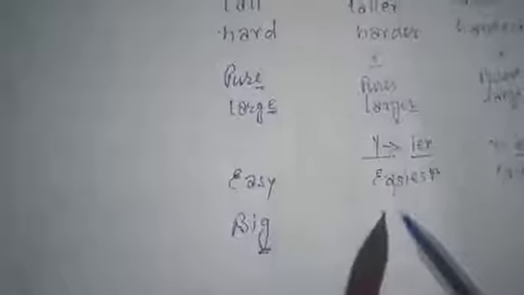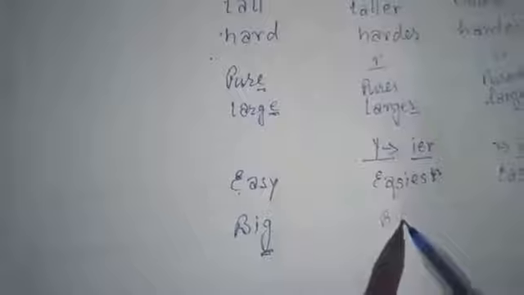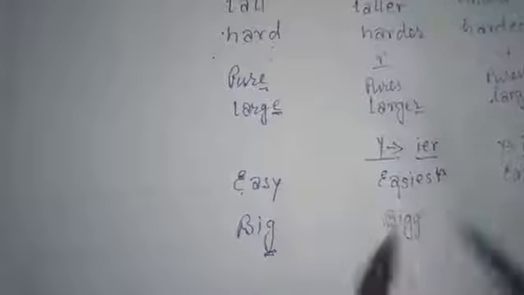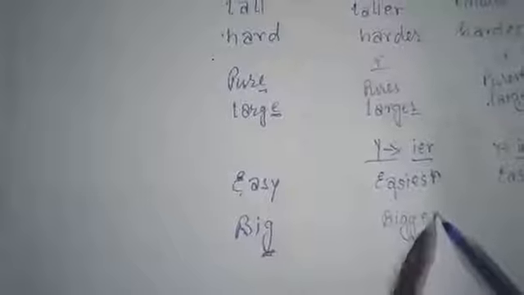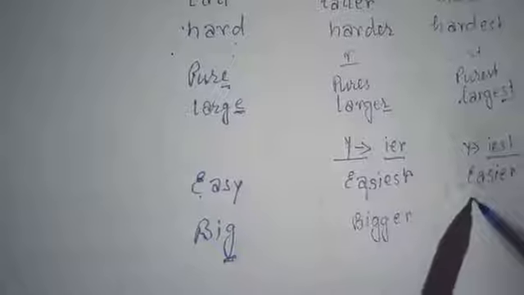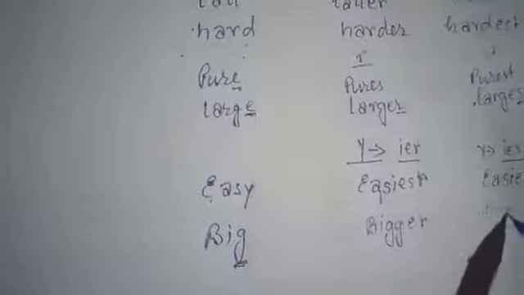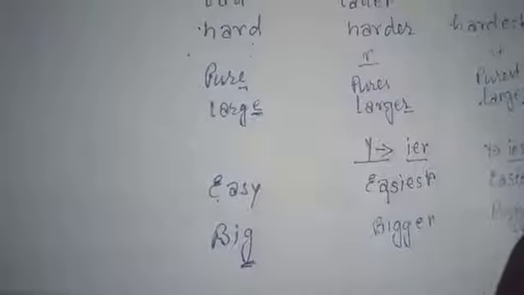We will simply double that consonant, bi double g, and use er. It will be bigger. And in superlative, again we double the consonant, bi double g, and use est, biggest.